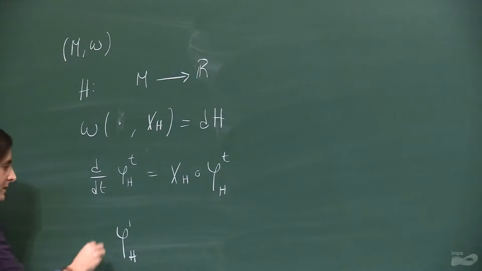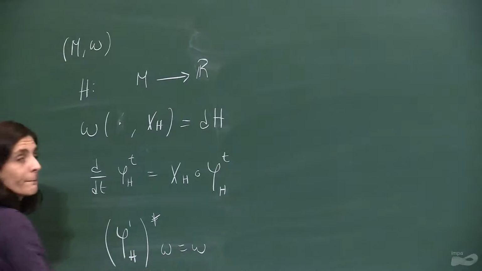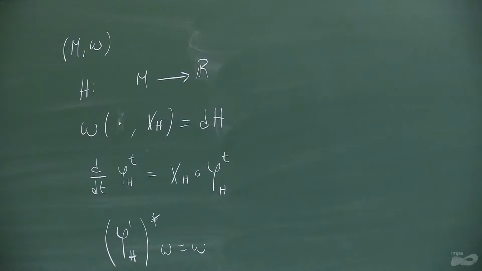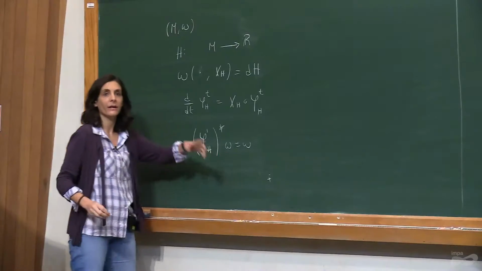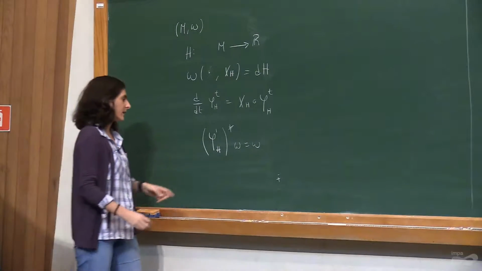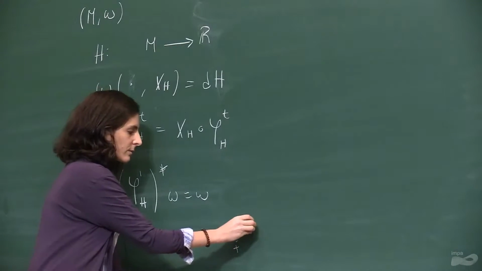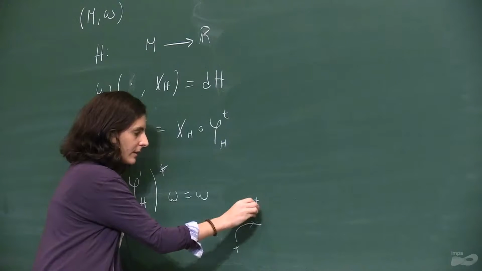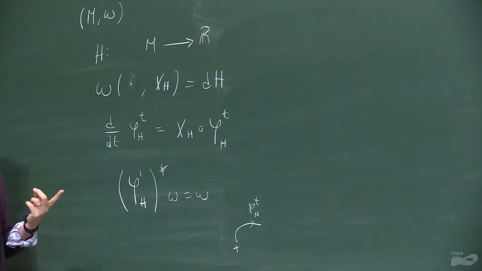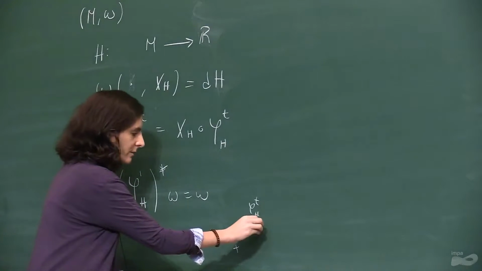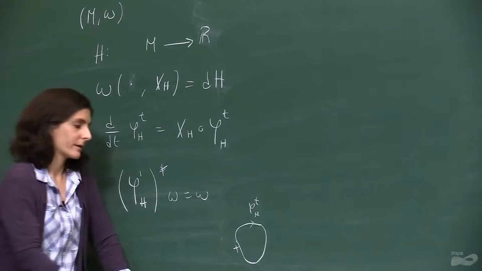So as mentioned yesterday, this is actually a symplectomorphism, so it preserves the symplectic structure. So suppose I have a point x here in my manifold M, and see how it moves along this flow. So it's moving along this flow phi_t^H, and suppose that after time t equal to 1, it comes back here, it reaches again this point x.